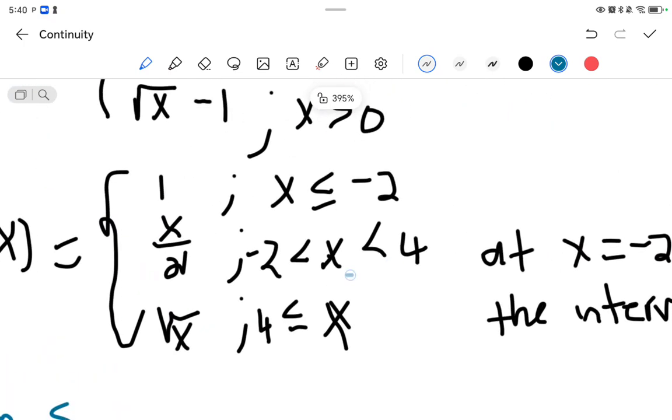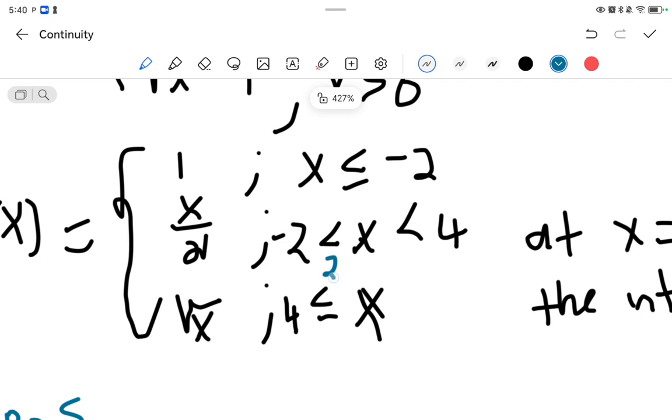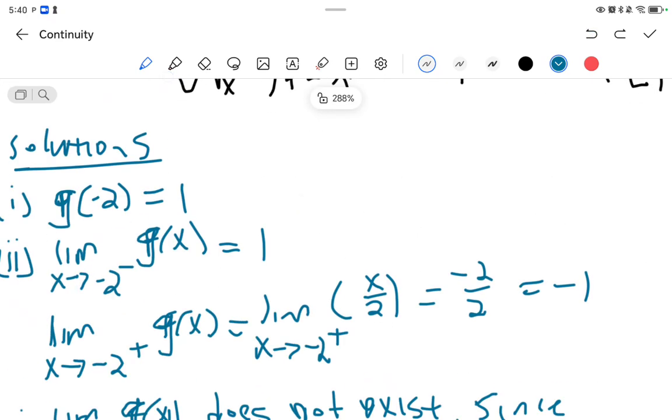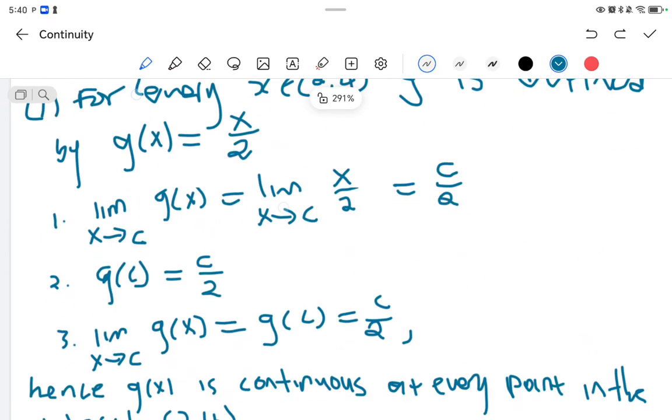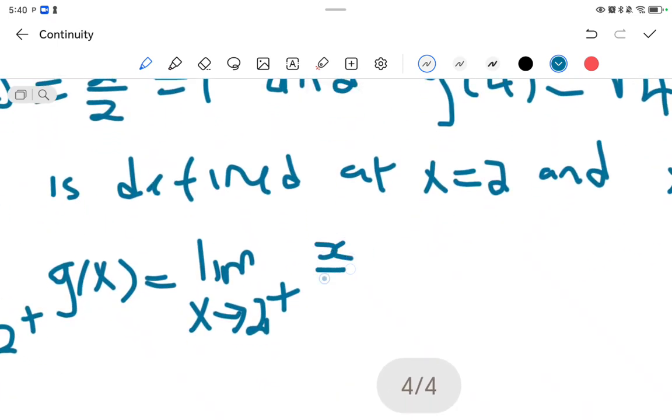X is greater than 2 here, so it's x over 2, because 2 is within here. So we check that, and this will be x over 2, which is 2 over 2. This will give us 1.